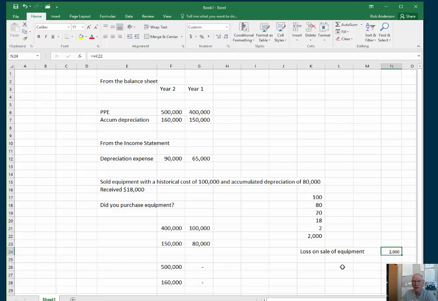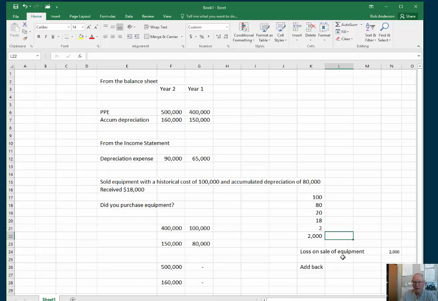Here's 2,000. No, instead, you received 18. So the first thing we have to do, if you have a loss on sale of anything, and you're using the indirect method, is we have to add that money back because it is a non-cash item that caused our net income to be lower.